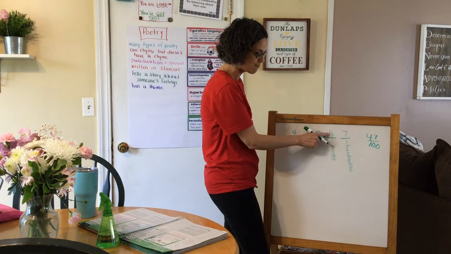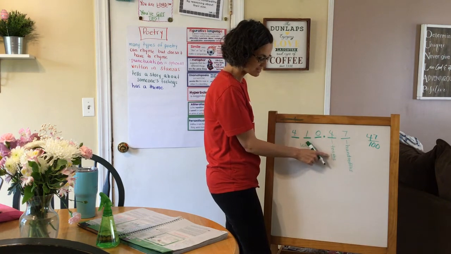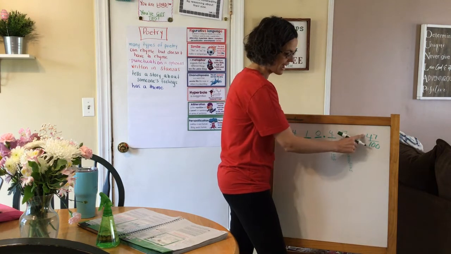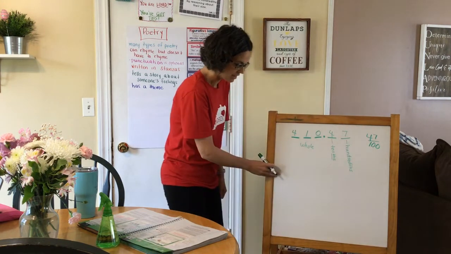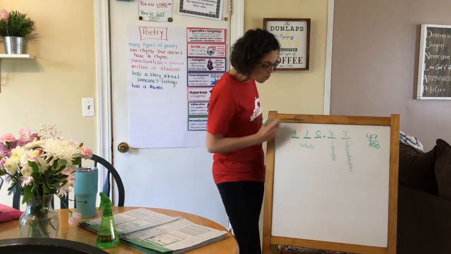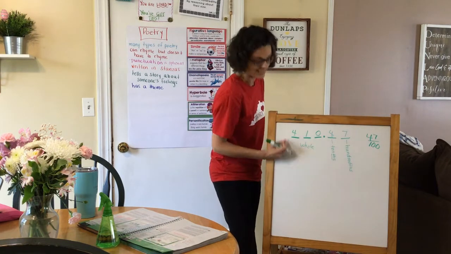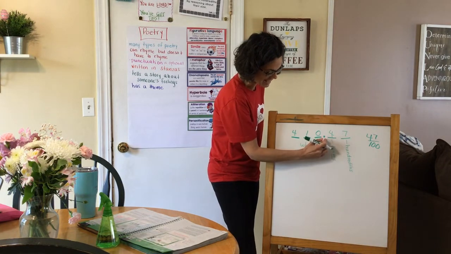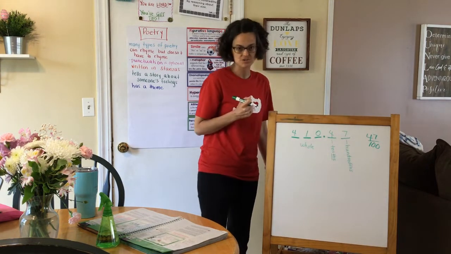And I have 4 in the tenths place. I have a 7 in the hundredths place. Altogether, I have 47 hundredths. On this side, I have 410. So if I look at the whole number, I would have the entire number, I should say. I would have 410 and 47 hundredths.